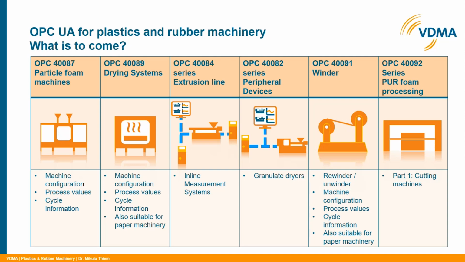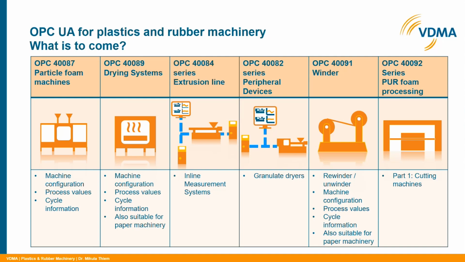This is for rather more large drying systems or plants where a product flows through different heating zones or curing zones to get dried, which might also be suitable, for example, for paper machines or an automotive paint shop. Then we have further parts in the extrusion line for inline measurement systems, and another part in the peripheral devices where we started the granular dryers.